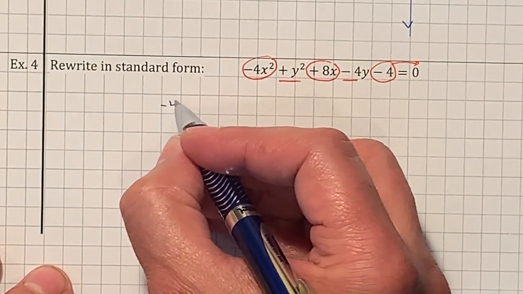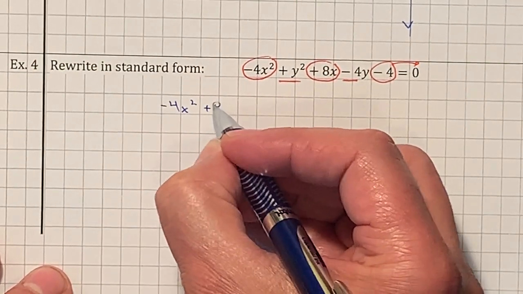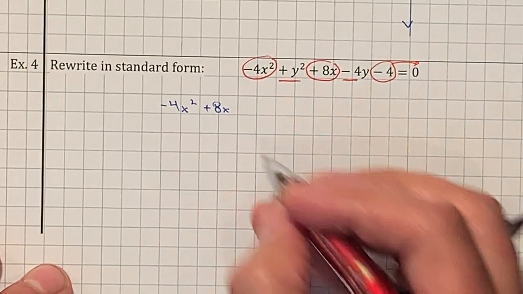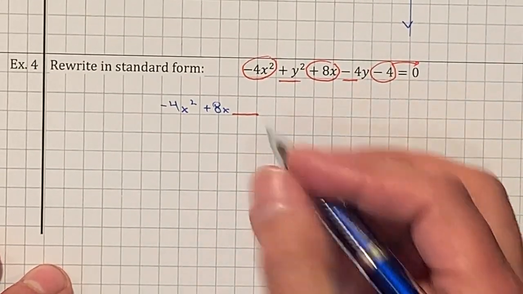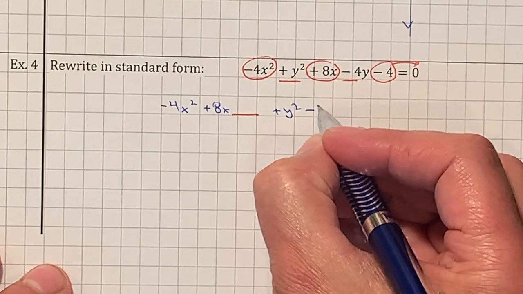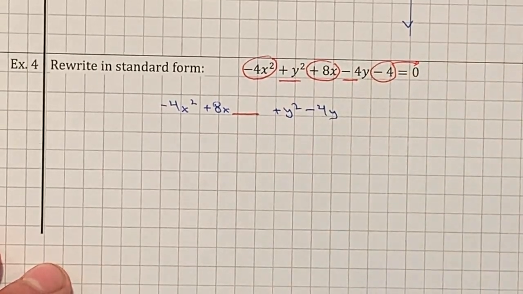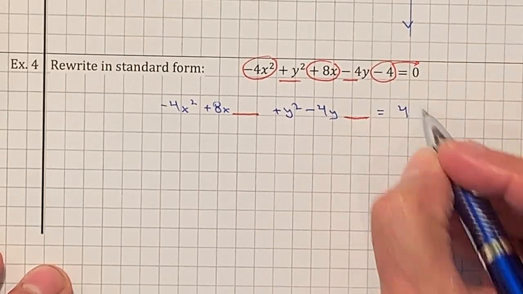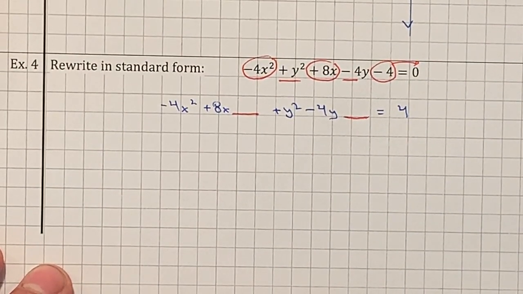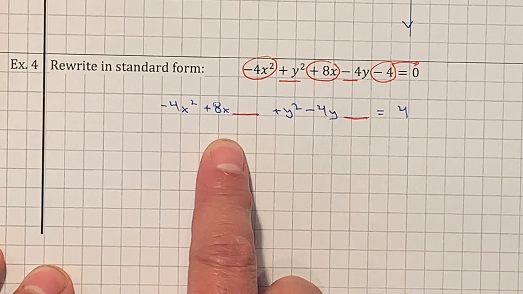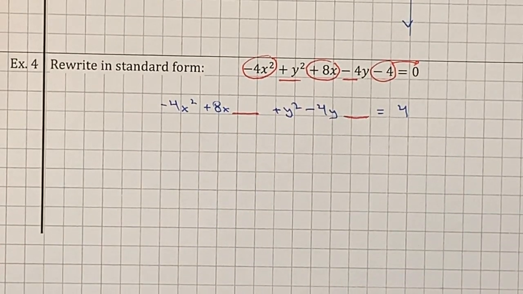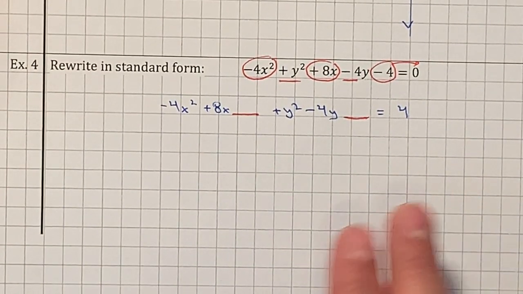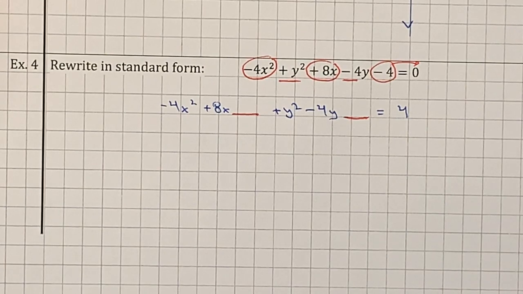So we have negative 4x squared plus 8x, leave some space, and that will give me a 4. So see if you can complete the square on both, and then we can check our answers. Give you guys a minute or two. Go and pause it.